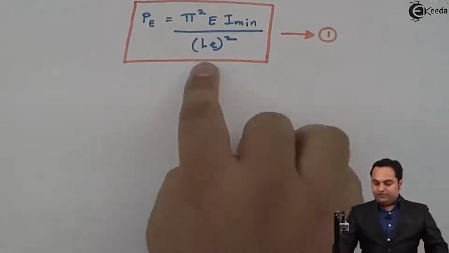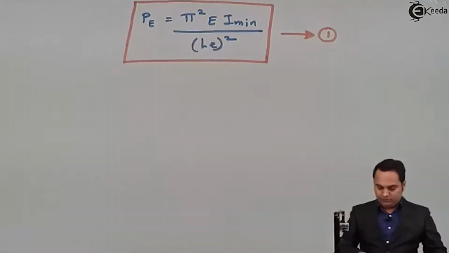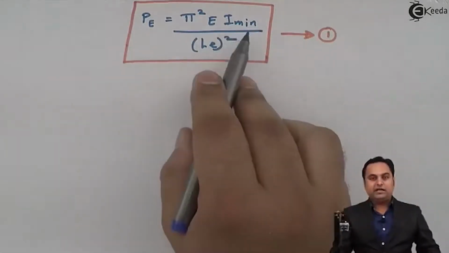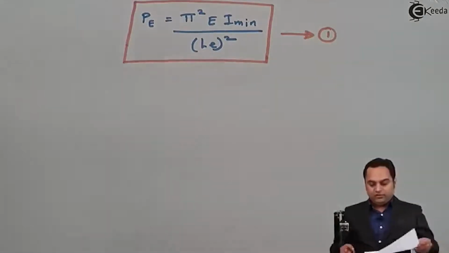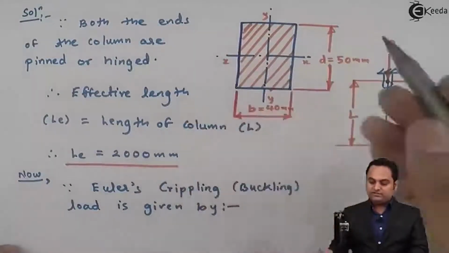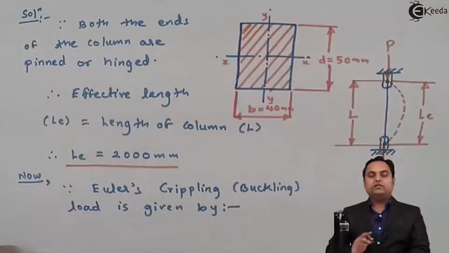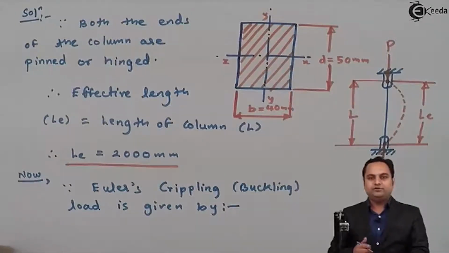Now, effective length value we have, capital E is given in the problem. The only unknown here is I minimum, that is the minimum moment of inertia. So for that we will calculate the moment of inertia about x-axis and then about y-axis, and then we are going to compare which value is minimum that we are going to select.